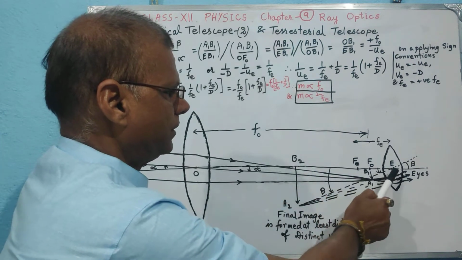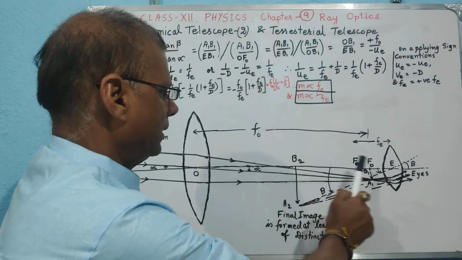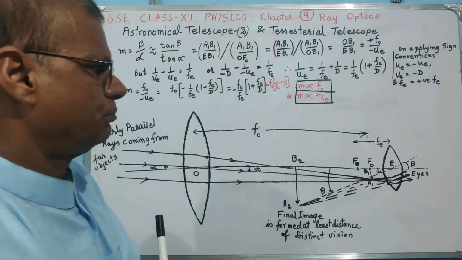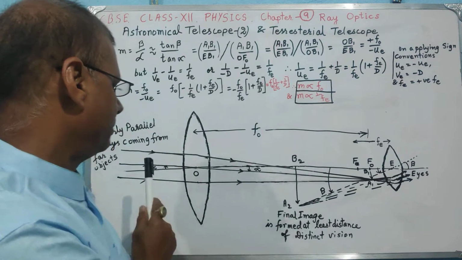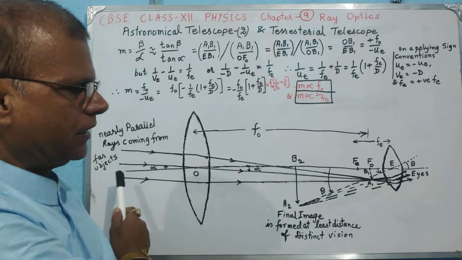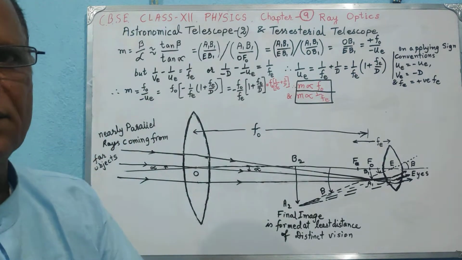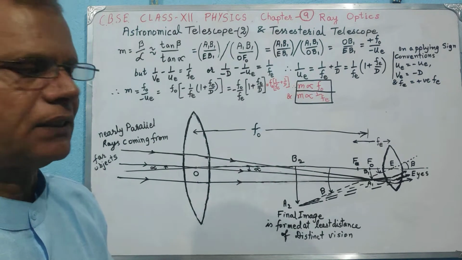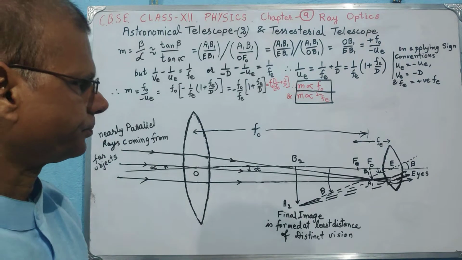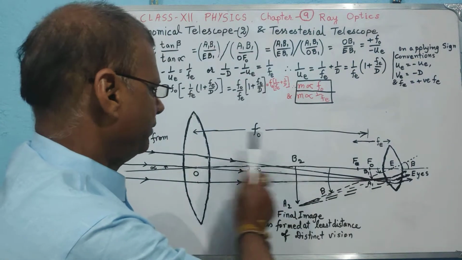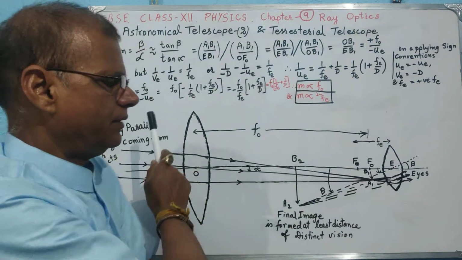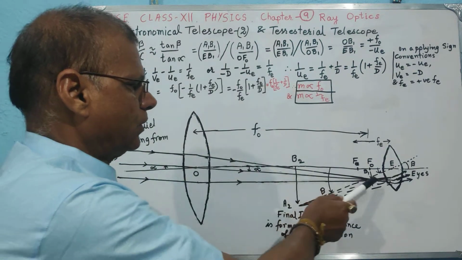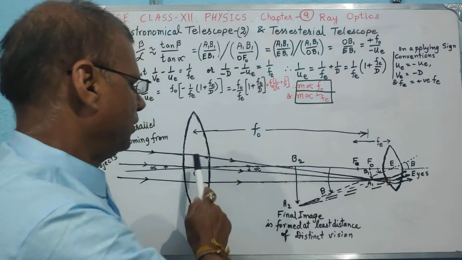This means the focus of the objective and the focus of the eyepiece do not coincide at the same point. The image of a distant object, coming from any object lying in space, is formed at the focus of the objective.